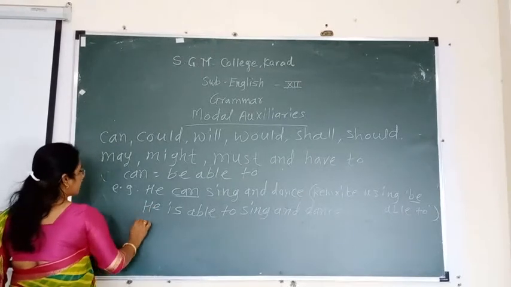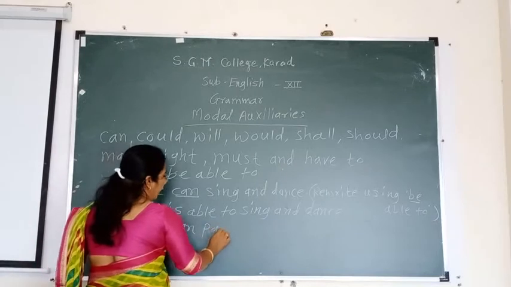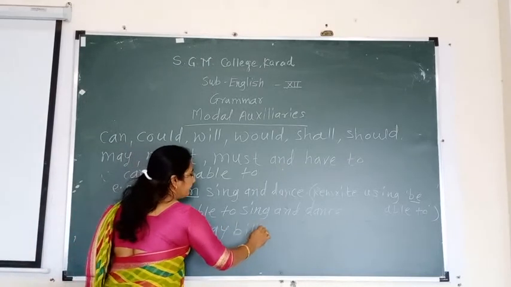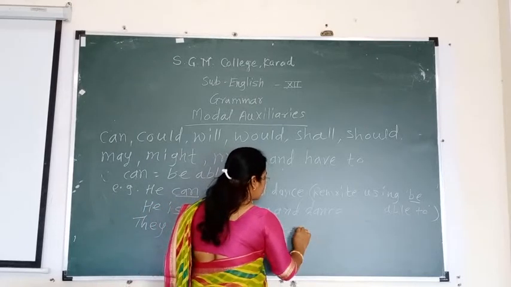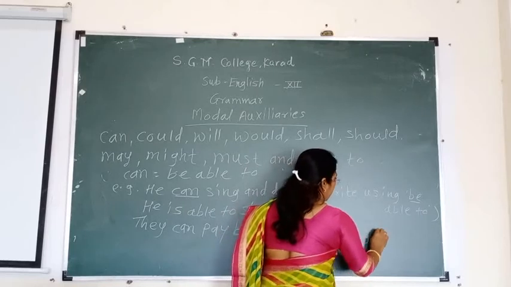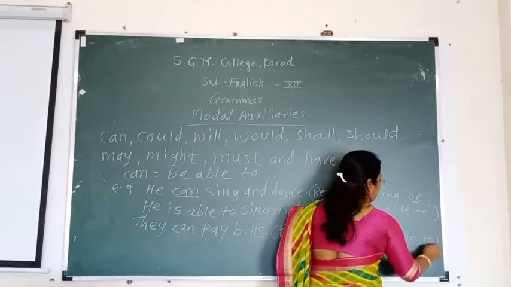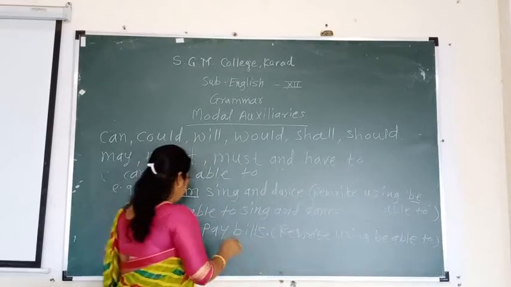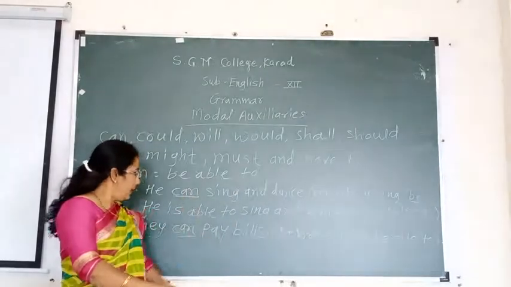Another sentence, they can pay bills. Same instruction, rewrite using be able to. Here can is equal to able to.